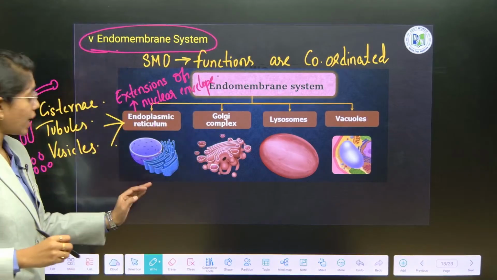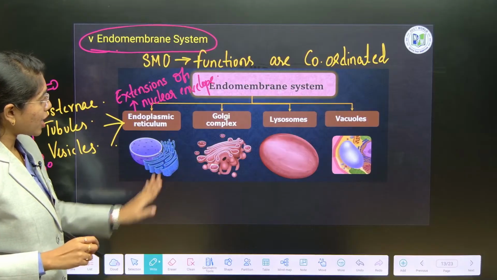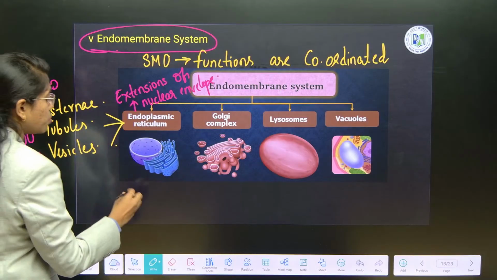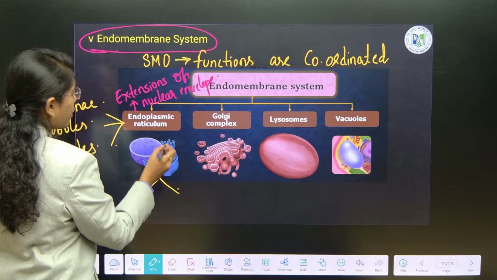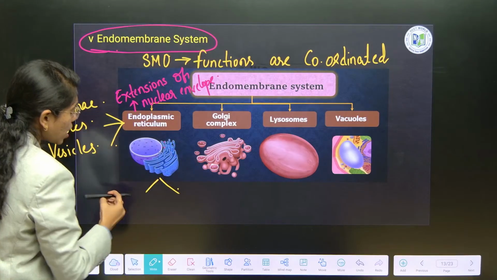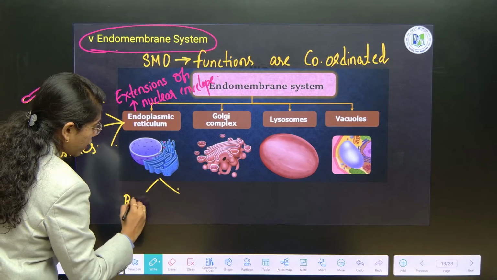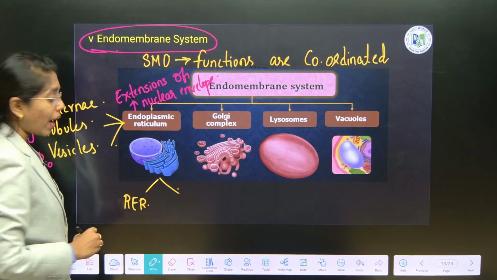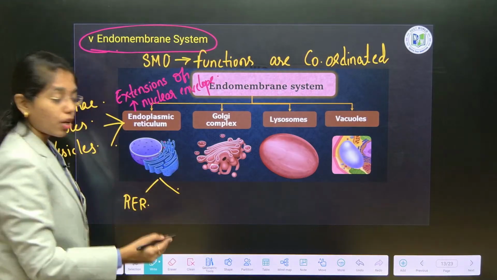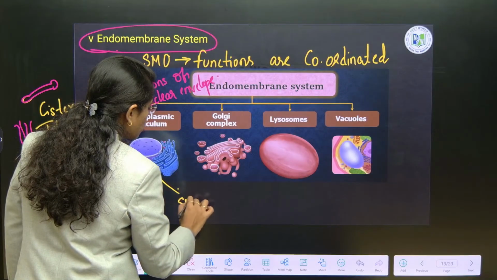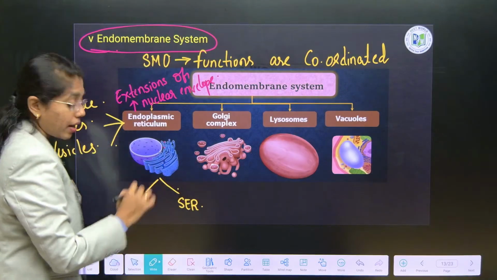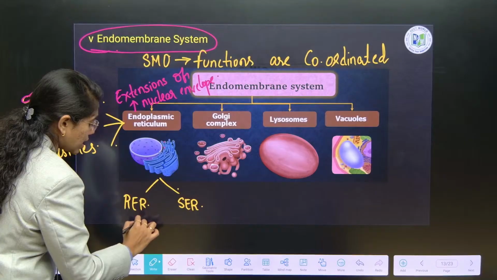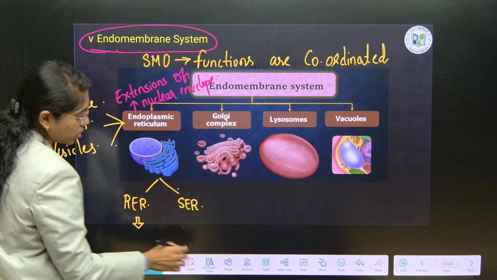Next, endoplasmic reticulum can be of two types. If ribosomes are present above these structures, it is addressed as rough endoplasmic reticulum. If ribosomes are not present, it is known as smooth endoplasmic reticulum.